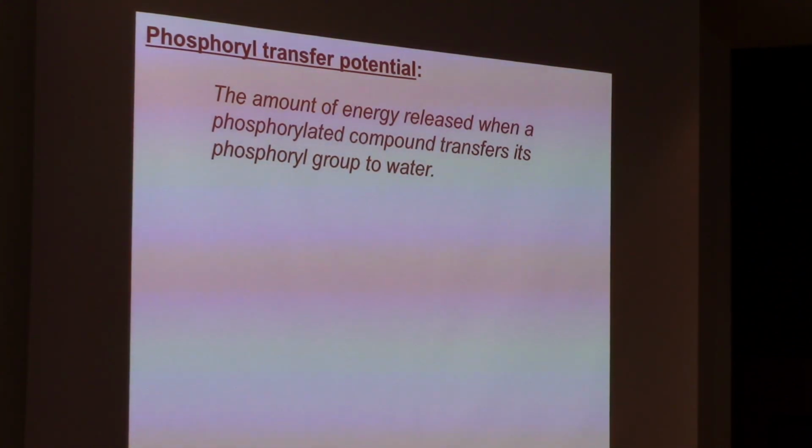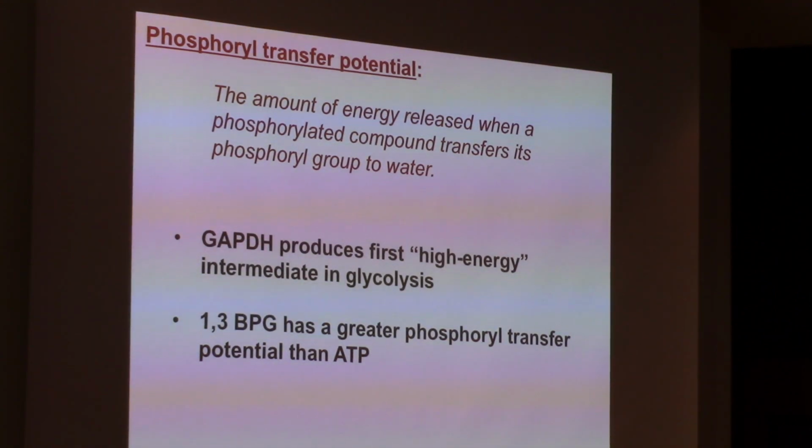So, for example, the product of the GAP-DH reaction, which I've told you is an acyl phosphate, 1,3-bisphosphoglycerate, has a higher phosphoryl transfer potential than ATP. ATP has something like a negative 31 kilojoules per mole, and this compound has quite a lot more.